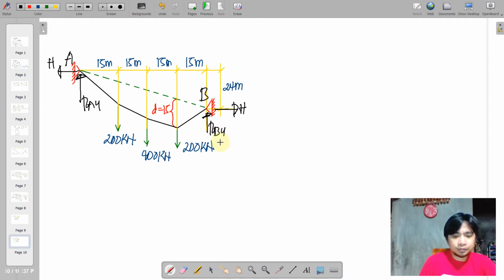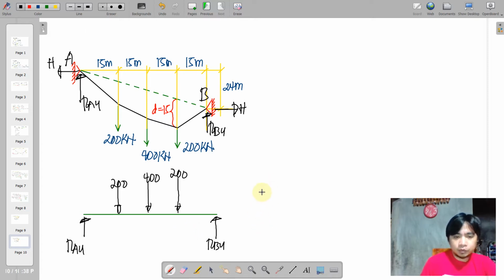So next, we place all the vertical reactions on a beam, and of course we establish the shear and moment diagram. Okay, so we note the distances as well as the points, and then we take moments at A and B to solve for your reactions.